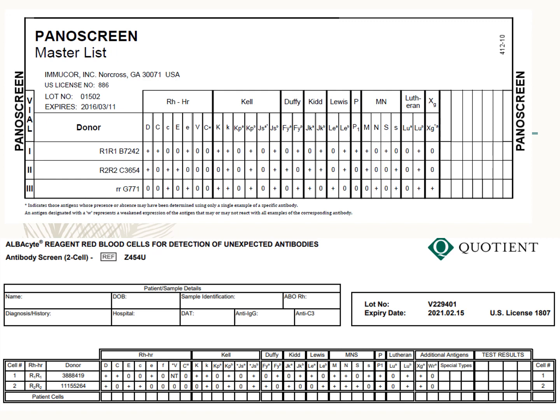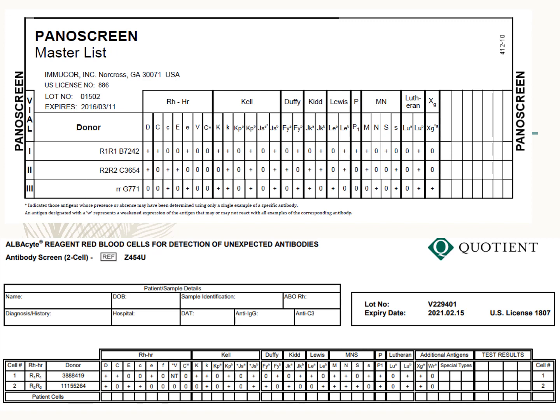So these are antigrams. These are received with any screen or panel that you get from a manufacturer. Different manufacturers will have different things on their antigrams. Some have lots of useful extra information, but they should always include the lot number, the expiration date, and then the antigens present on each cell.